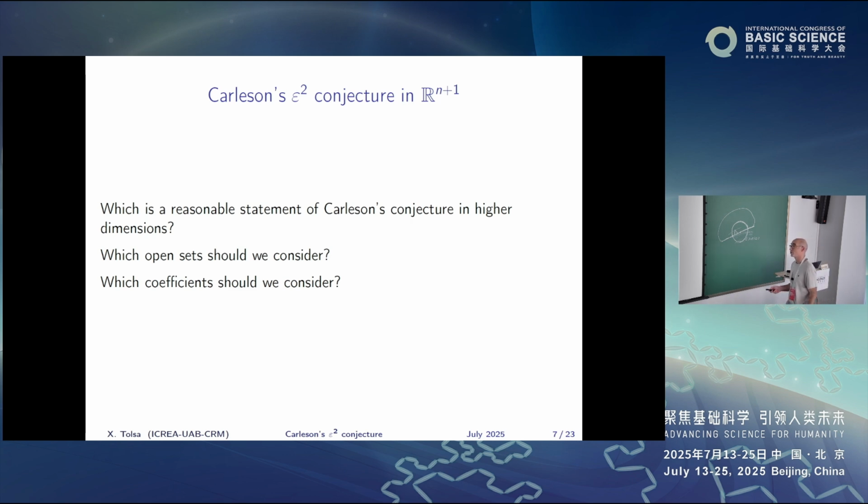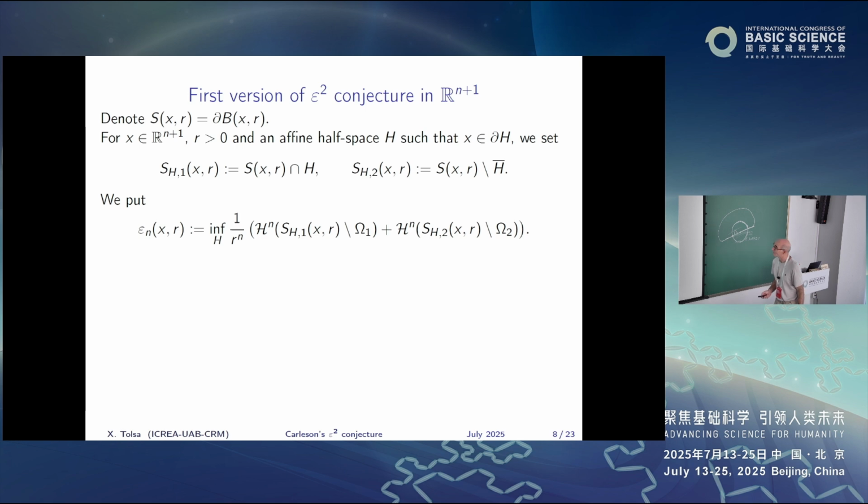Which open sets should we consider? Which coefficients should we consider? Angles or whatever. And then we studied this question with Ian Fleischler and Michele Villa. Names will appear soon.